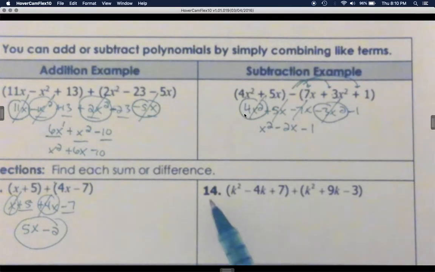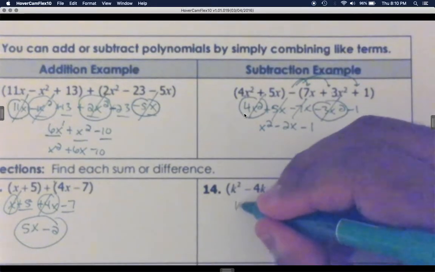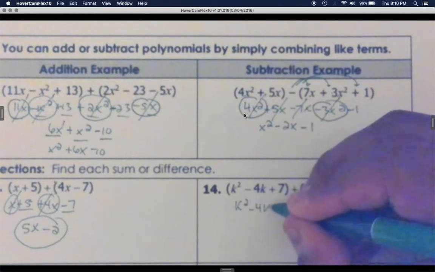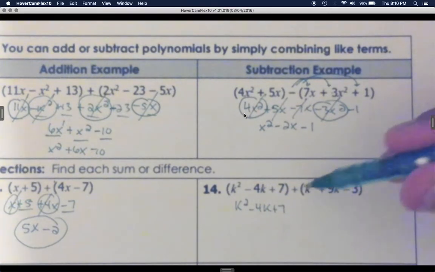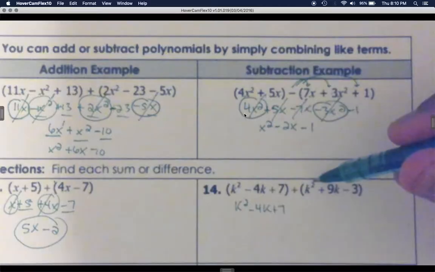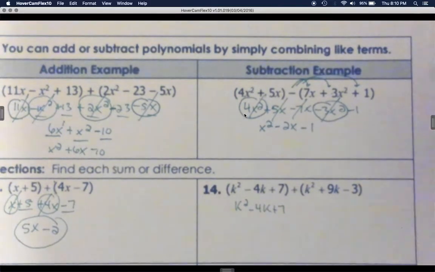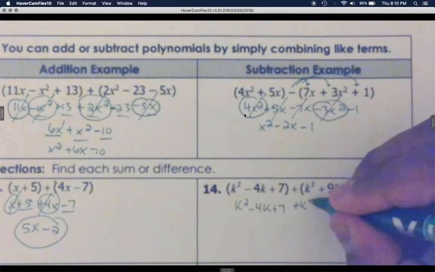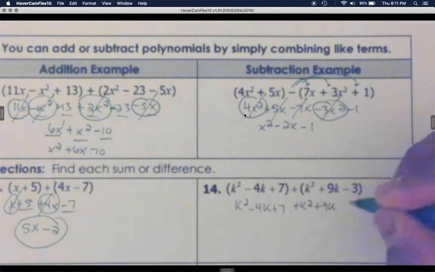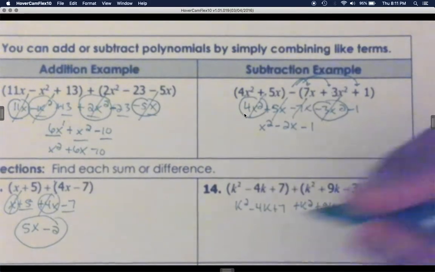Alright, now looking at this one, nothing distributed in front of these parentheses, so it's going to be k squared minus 4k plus 7. Nothing distributed here. Technically it is a plus. Remember, when you have a plus, there's nothing that really changes, so I just drop my parentheses. And now I can combine like terms.